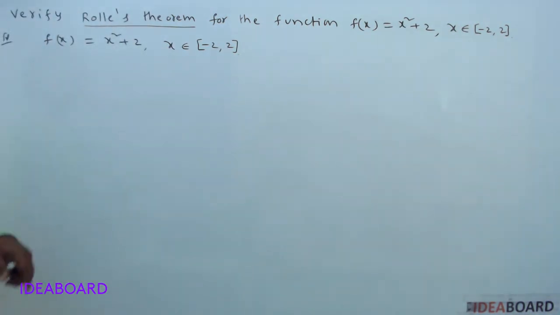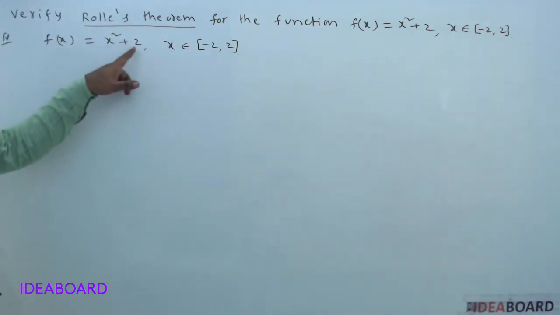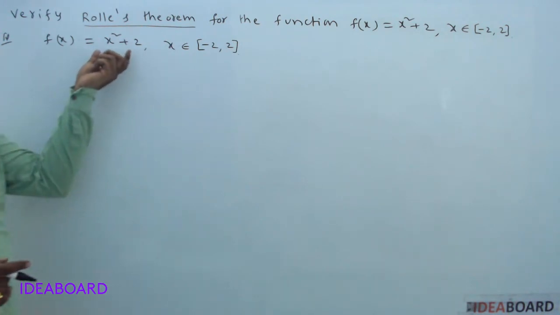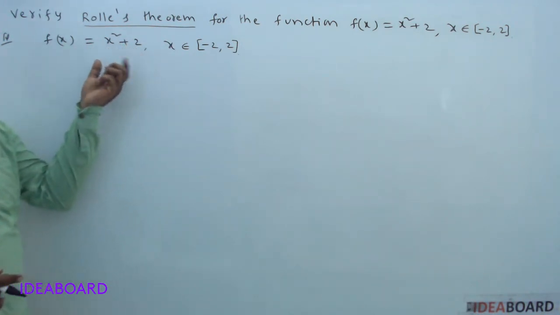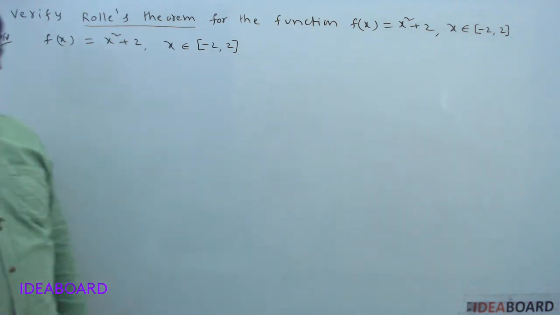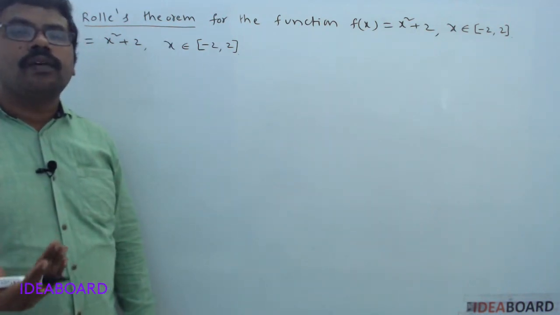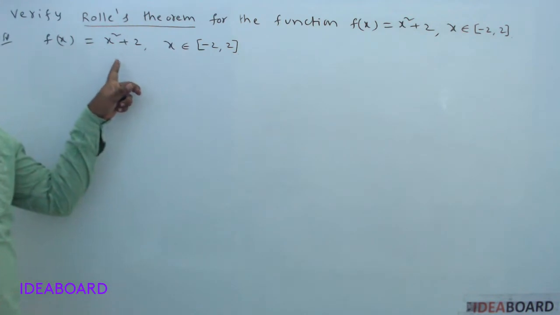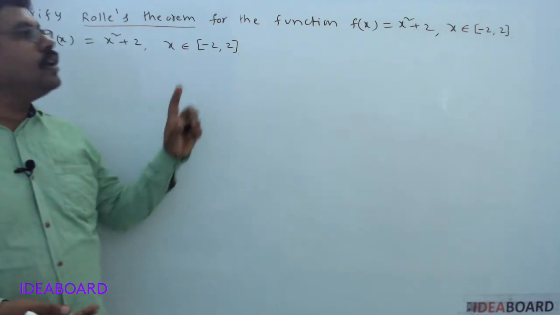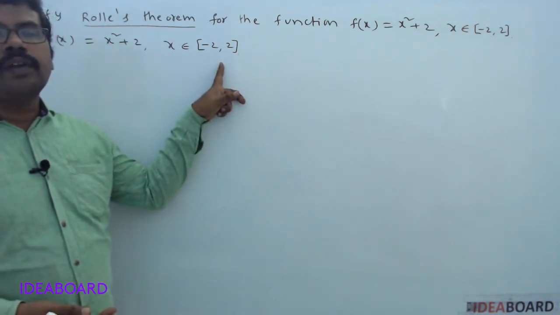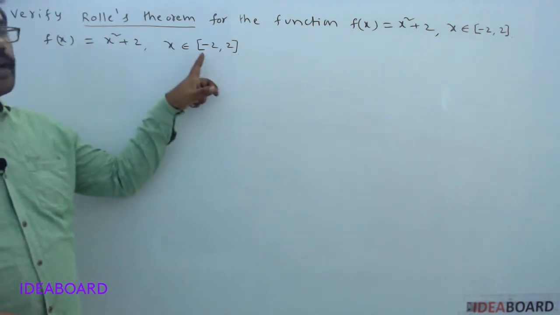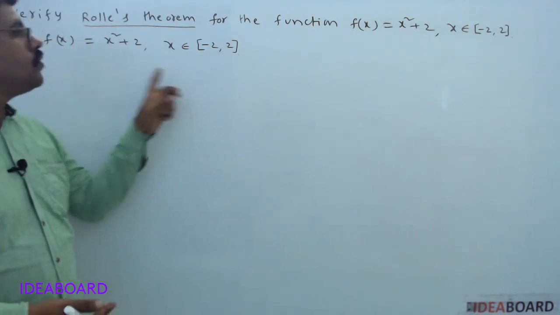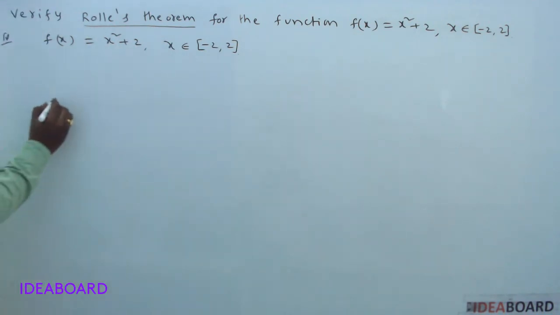Now, what is our f of x value? X square plus 2. Now, clearly it is a polynomial function. Being a polynomial function, without any discussion, you can write down directly this polynomial is continuous in the closed interval minus 2 comma 2. This polynomial is differentiable in the open interval minus 2 comma 2. First note down the points.